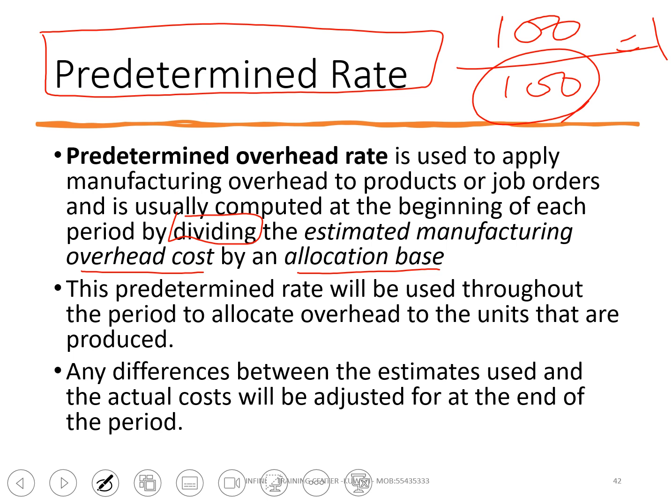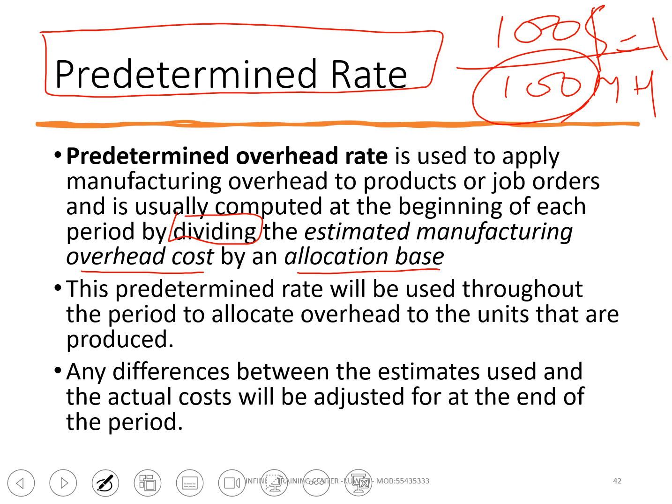Now, if everything is going fine, in the sense that everything was as per your estimation, for example, in this case you spend $100,000 and you spend 100,000 machine hours, then we have no issues. We don't have any variance, or any over application or under application.